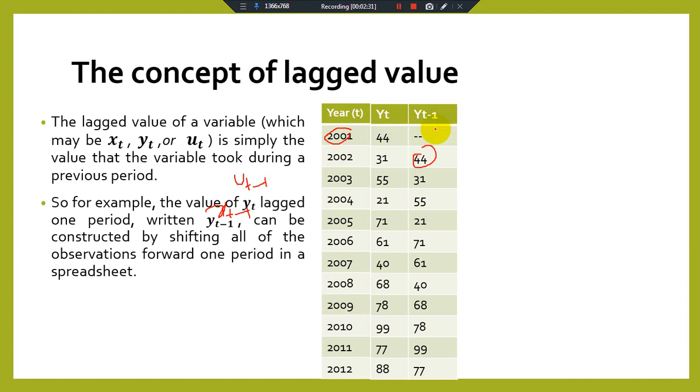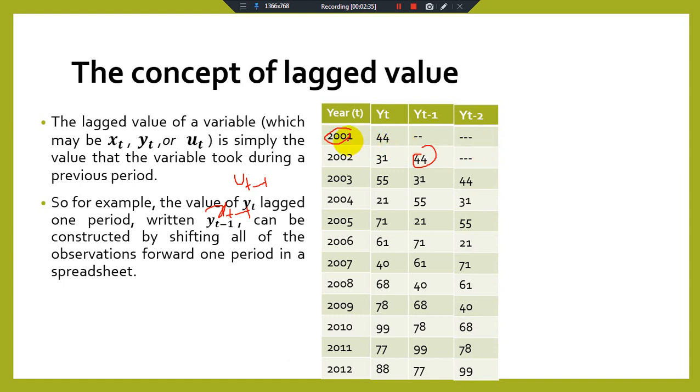And if we are interested in two period lag, we put nothing in front of 2001 and 2002, but the 2001 value now starts in front of 2003, and now we have 10 observations for the empirical analysis. So this means that the higher the number of lags, the lower the number of observations for the empirical analysis.